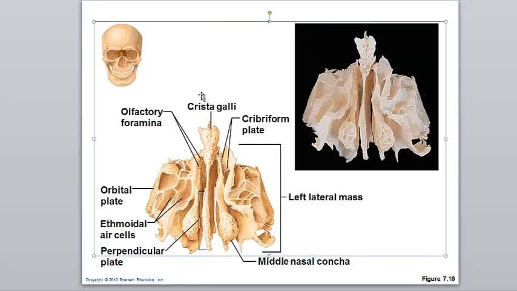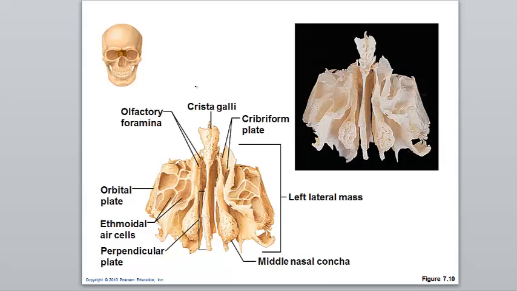Now let's go back and look at more structures of your ethmoid bone. So here's your ethmoid bone. Say I'm going to do a profile picture. You have your nose, your mouth, and your chin, and you move on like this, and here's your forehead, right? This is your L-shaped forehead, the frontal bone, and your crista galli is right over here.